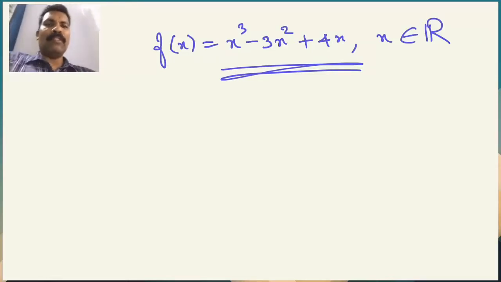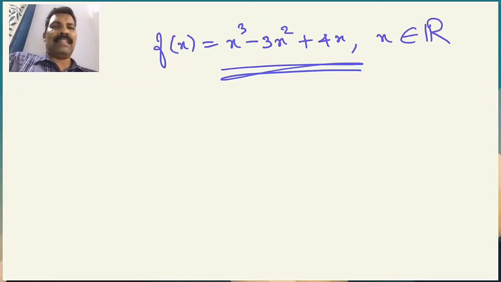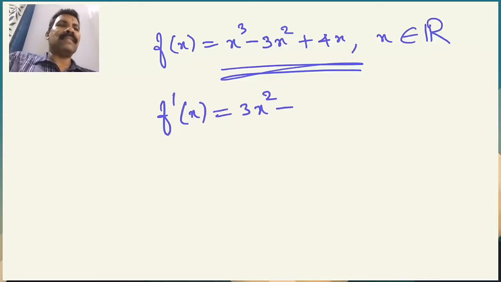And here we need not draw the graph and compare the f(x1) value and f(x2) value in order to see whether the function is increasing or decreasing. No need, that is time consuming, as I told you. You go simply for f dash x, that is the derivative, which is 3x square minus 6x plus 4, as you can see.